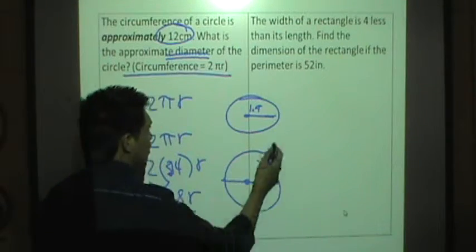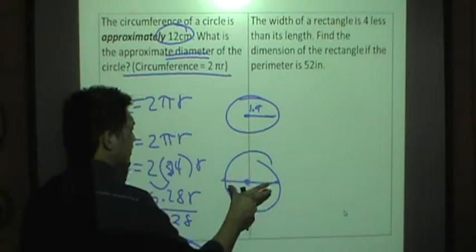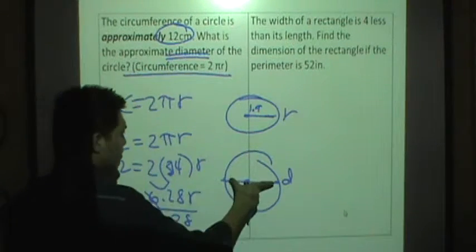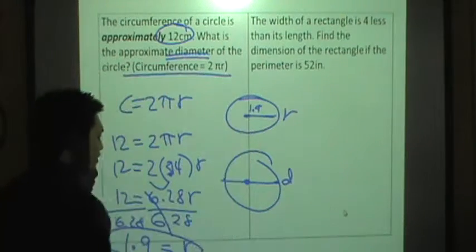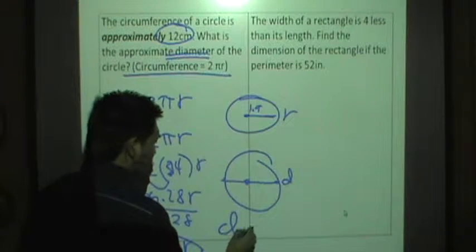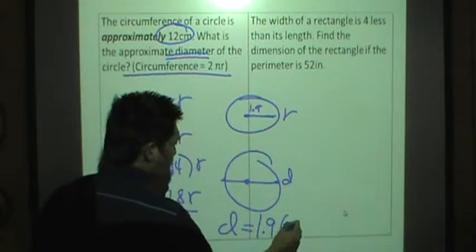So if you analyze, this is the radius and this is the diameter. That means the measure of the diameter is double the radius. So that means 1.9 times 2. To solve for the diameter, you just have to double the radius.